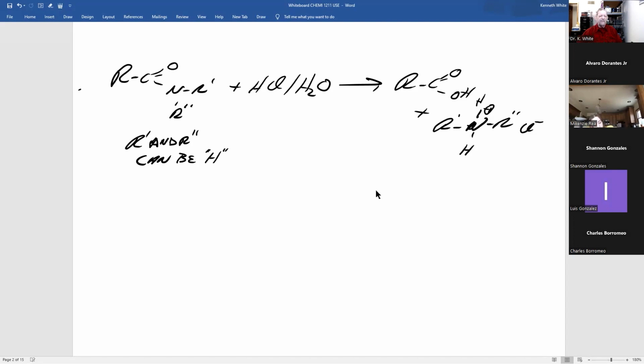Now, an amide: remember R prime and R double prime, one, both, or none can be hydrogen. When you react it with acid and water, HCl is the acid, you get back the carboxylic acid you would have used to make that amide. But the amine you get, since it's in the presence of acid, and amines are bases, you get the amine salt, not the amine.